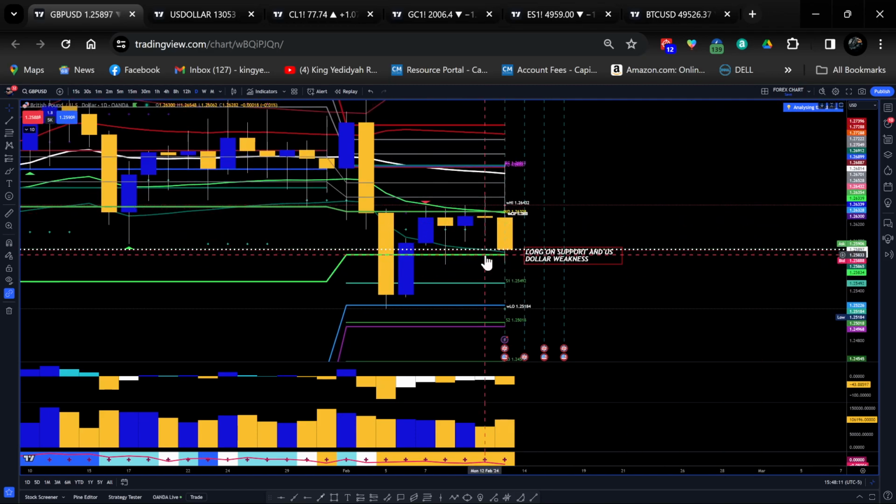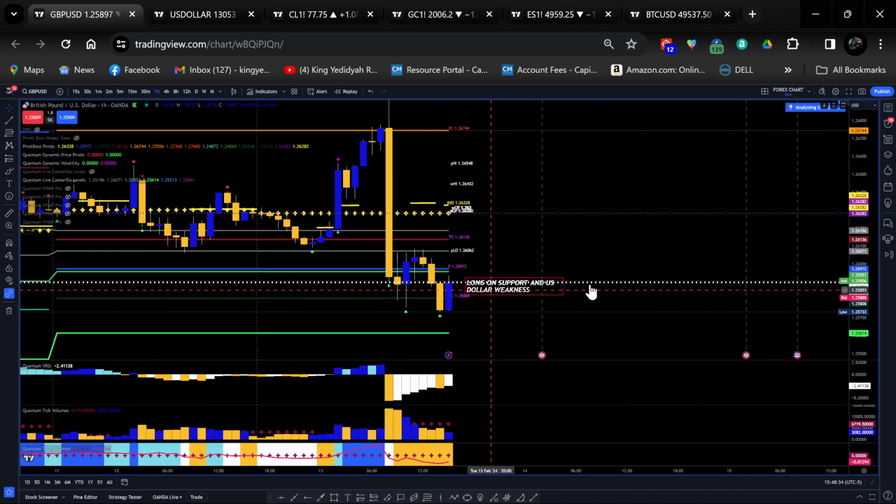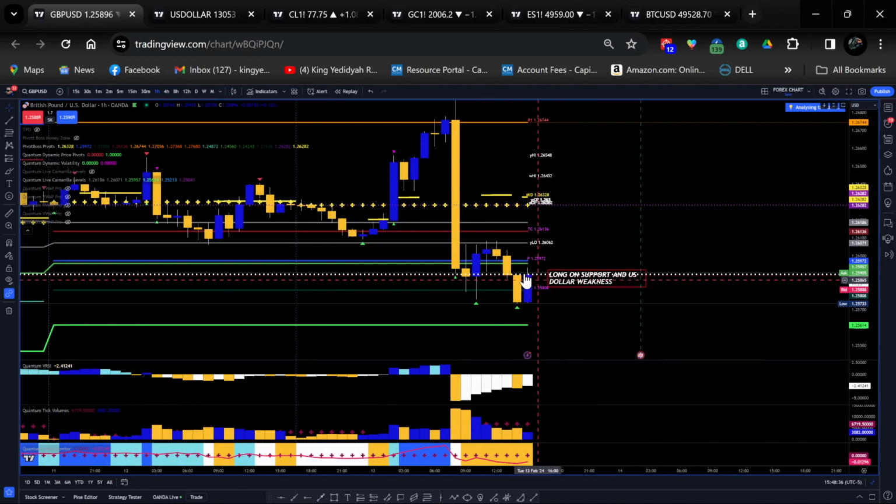So it's actually sitting just above this monthly Camarilla S4 level. So if the dollar loses strength now, I'm probably trying to catch this right back up to around 1.26348, right? So that's the daily chart there on GBPUSD. You can see we have this reversal pattern here as well.